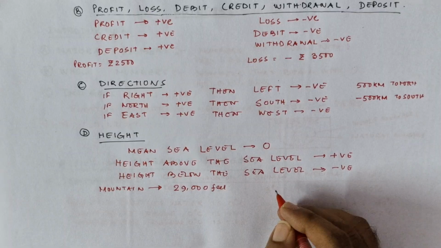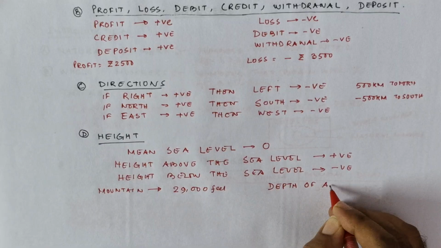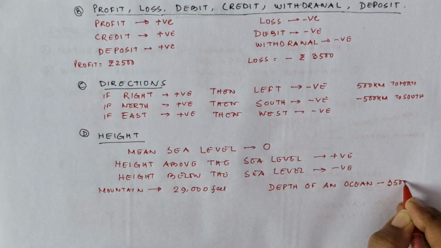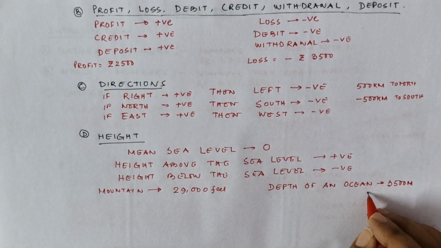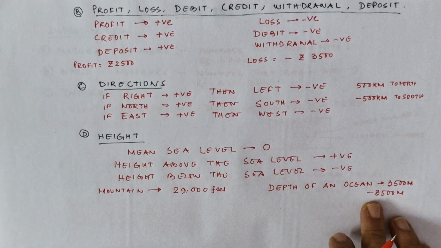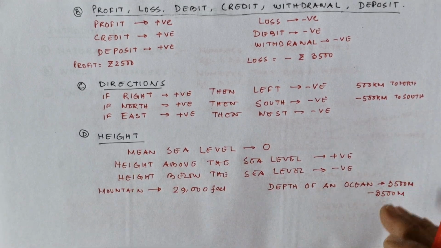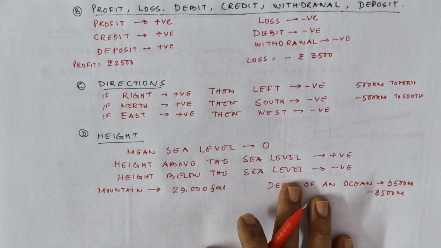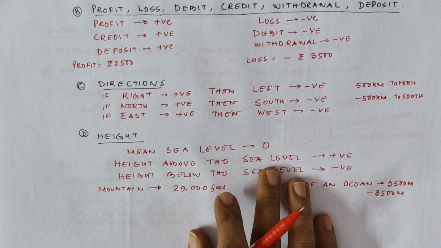If I write depth of an ocean is 3,500 meters, I can represent this as minus 3500 meters, which means it lies below the sea level, as minus is regarded as below the sea level. So these are a few examples, students, in real life where you see positive and negative numbers. If you want to take notes, pause the video and take notes.